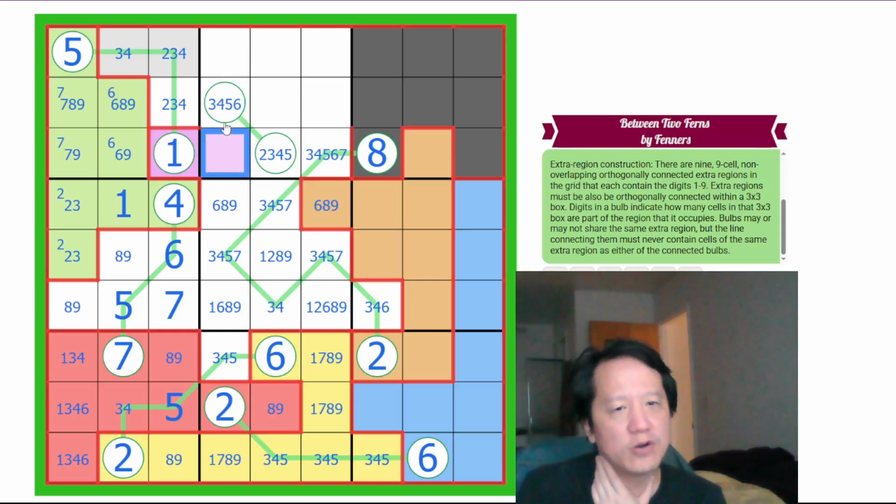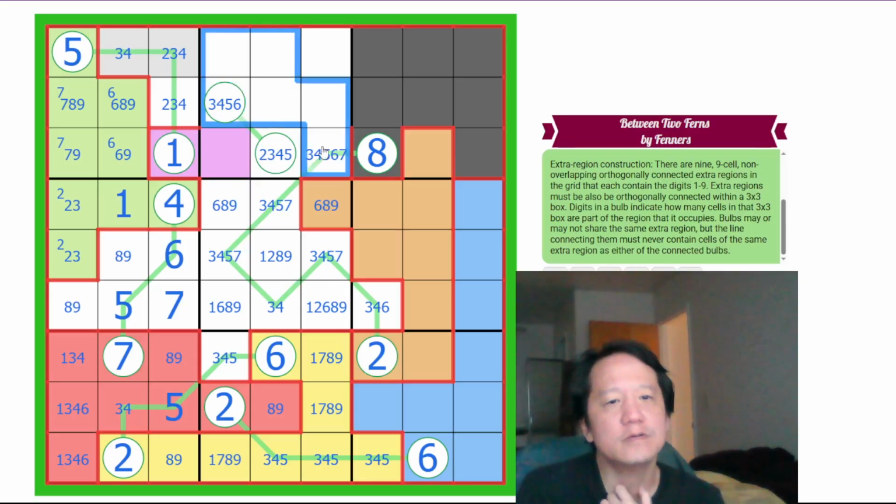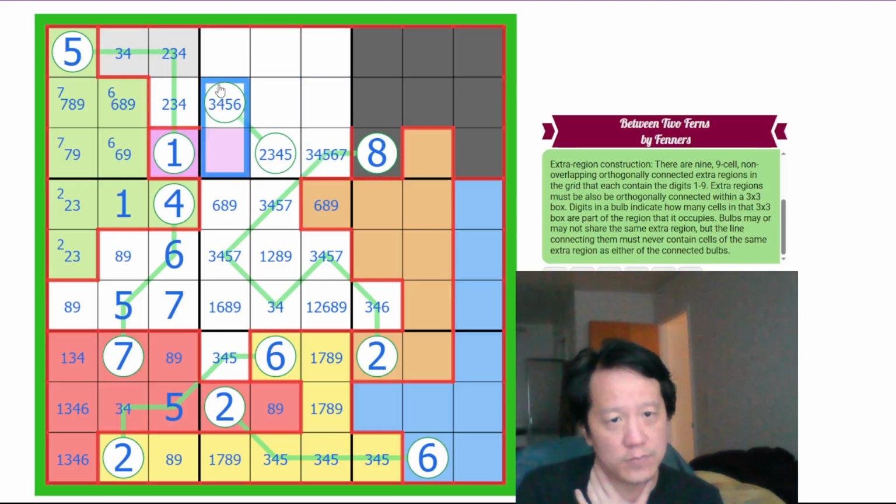So, if it's part of the pink region... If it's part of the light region, it has to be 6. And then it would have to do that. If it's part of the pink region, the problem is if we have 3, so say we had 3.